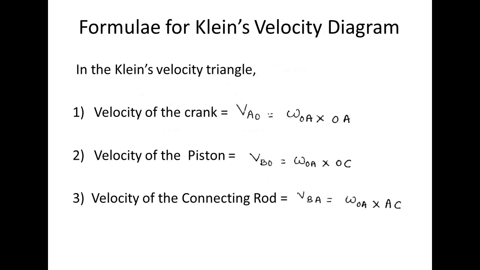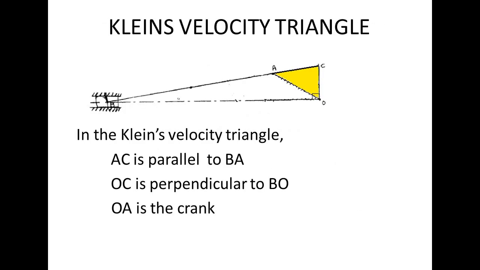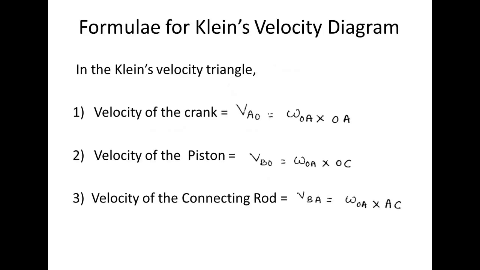If you multiply that, we get the velocity of the piston. Next, the velocity of the connecting rod is VBA, which is equal to omega OA, the angular velocity of the crank, multiplied by AC. Whatever the length of the line AC we have obtained, if you multiply, you get the velocity of the connecting rod.